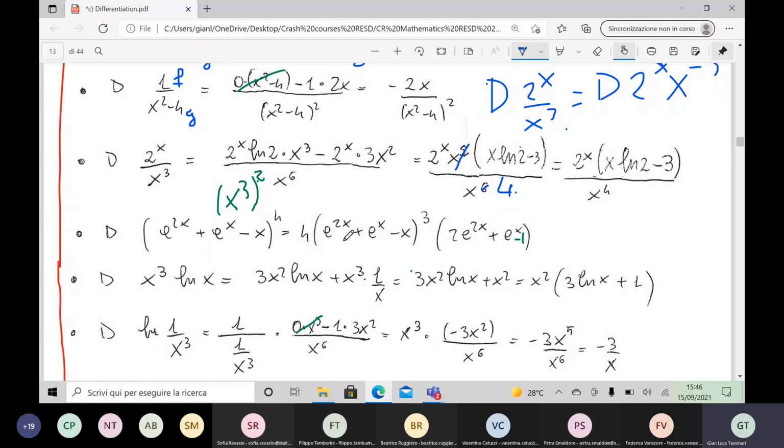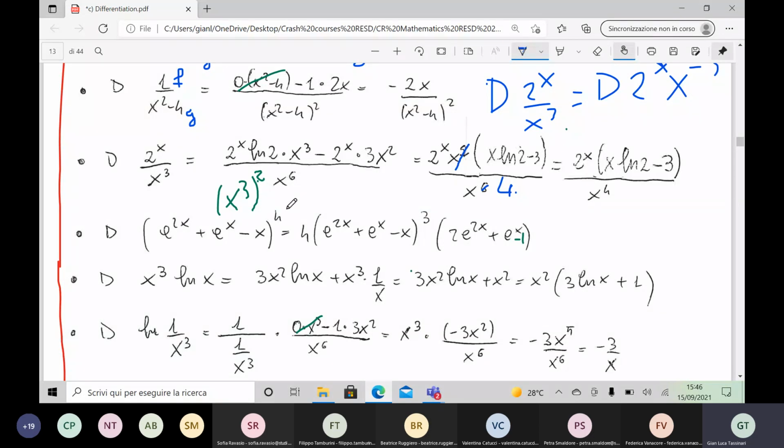It is the derivative of a sum. Derive the first. Which is the derivative of e to the power 2x? It is the derivative of e to the power f of x. And the derivative is e to the power f of x times what? The derivative of the exponent, which is the derivative of 2x, is 2. So this one.